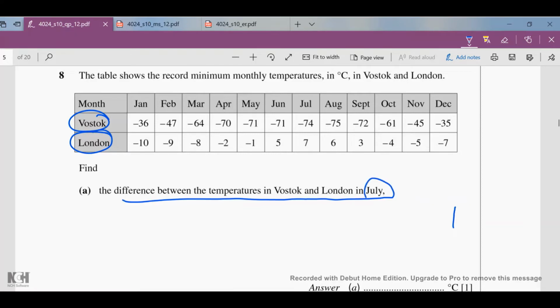Please remember, the difference in temperature is always T2 minus T1, means maximum temperature minus minimum temperature. Please, this is a very important formula. So this formula we can use in July. July is here.